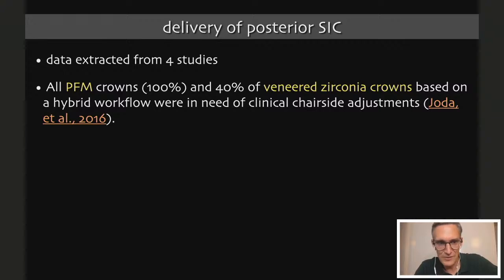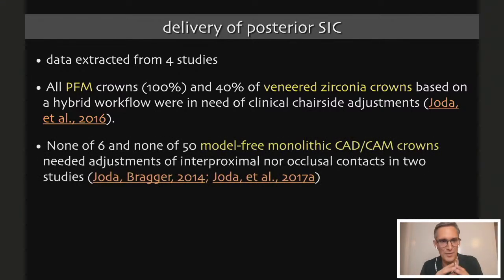For the veneered zirconia crowns, it was a little bit less, only 40%. And I'm talking about the hybrid workflow. Most often it's not only a digital workflow, but some parts are also manufactured conventionally. As soon as we combine those workflows, we talk about a hybrid workflow.